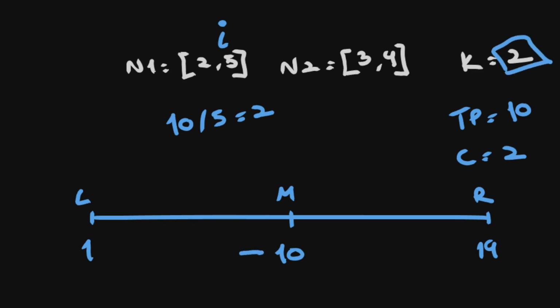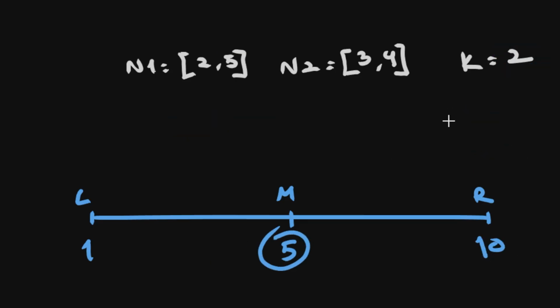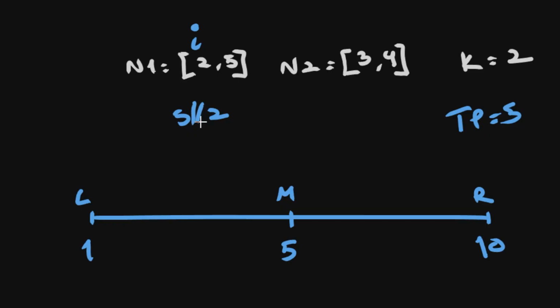So we need to reduce this even more, and now the target is 5. So our target product is 5. We iterate this from left to right. Now we are looking for 5 divided by 2. We round down this is 2. So we are looking for 2 here with a binary search, and the result will be 0. So the count is currently 0, and we update I. Now we have 5, and we are looking for 5 divided by 5, meaning we are looking for 1.